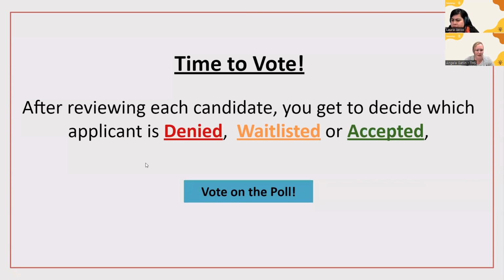It looks like for question one, which candidate would you deny? So far, we have 65% of you would deny Maya. Looks like 24% JT and 11% Zach. Interesting. Okay, good. For waitlisting, looks like you guys waitlisted JT, 54%, then Maya, then Zach.